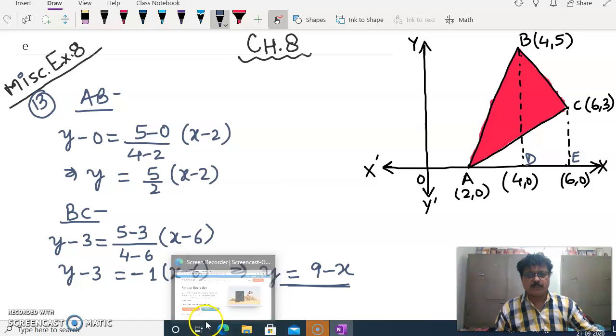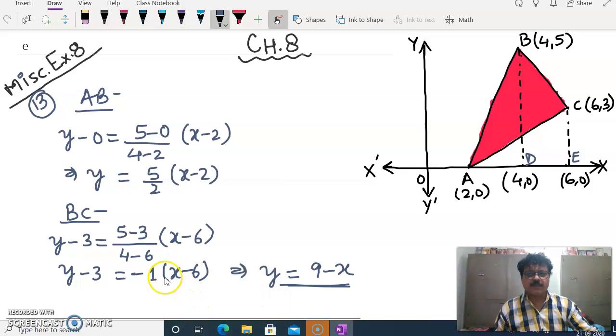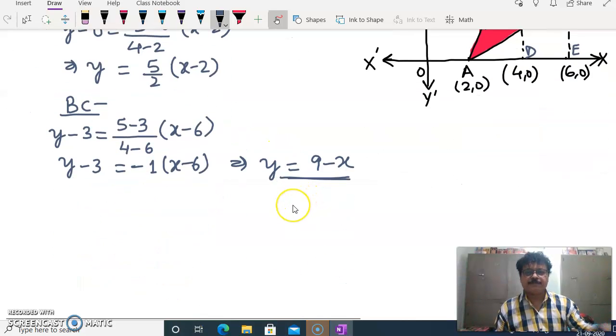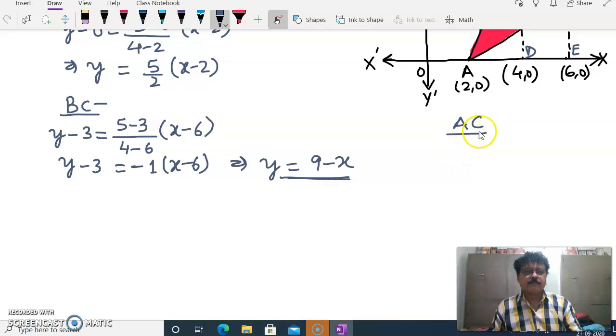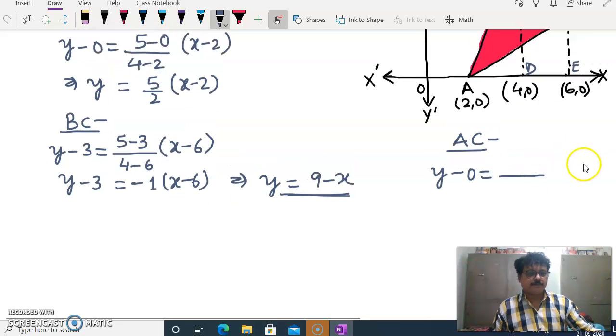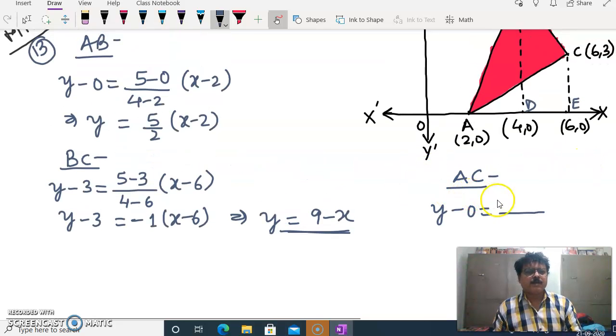What about AC? Let us find the equation of line AC also. y minus y1 is equal to (y2 minus y1) upon (x2 minus x1) into (x minus x1).